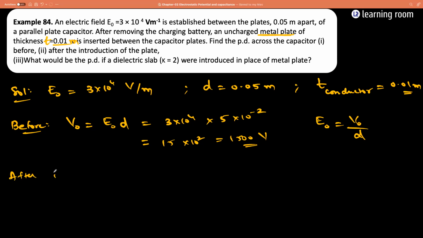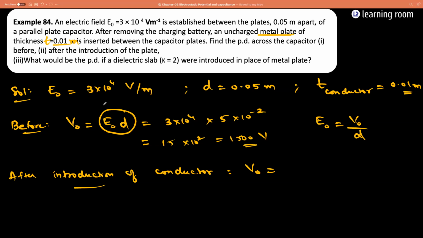So after introduction of the conductor, what can I write V as? I want you all to think and tell me what would be a similar expression in terms of E naught and distance.